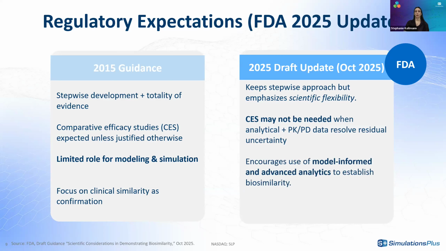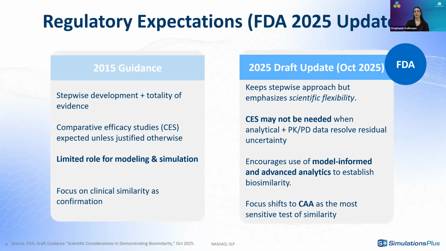So the guidance also encourages model-informed approaches and advanced analytics to demonstrate biosimilarity. And importantly, the focus shifts toward a comparative analytical assessment, here called CAA. They are now described as the most sensitive test of similarity between a biosimilar and its reference.